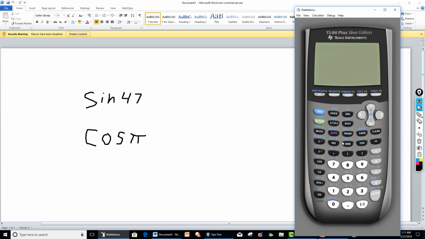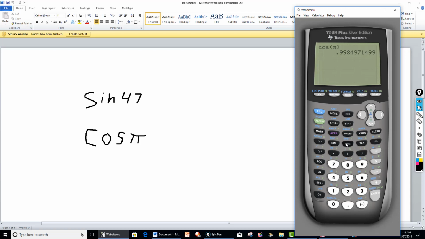Okay, if I hit cosine, and then let's say I want pi, it gives me that answer. Because in this case, it reads that as a degree, okay? Because it's pi degrees.